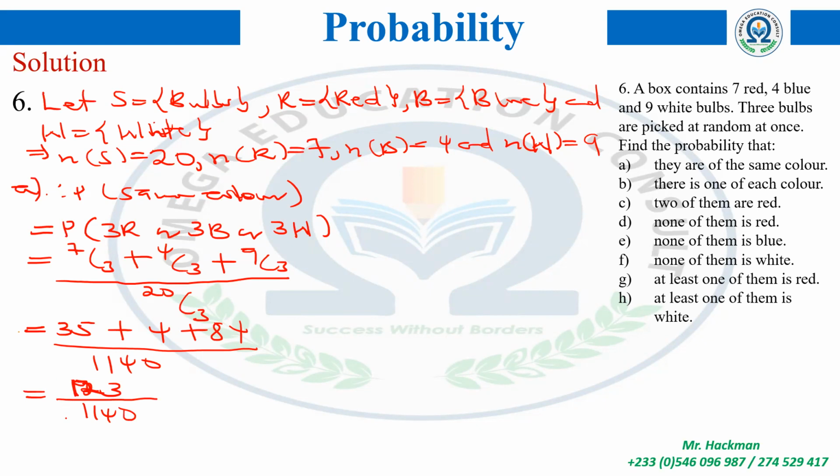Yes, 41 over 380. Okay, so 41 over 380 becomes your answer. As simple as that. So not 300, 380. That will be it for the solution to this question.